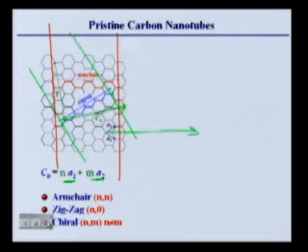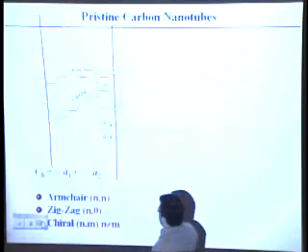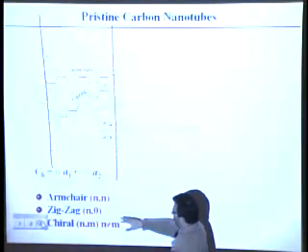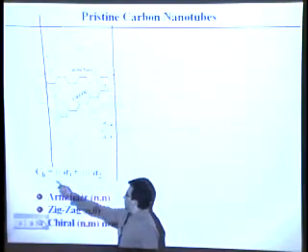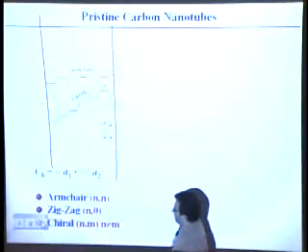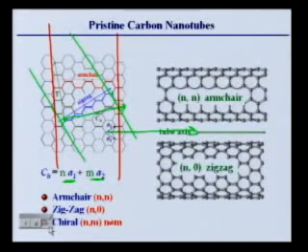Again, perpendicular to the axis of the nanotube, you see a pattern that is called an armchair pattern. An armchair nanotube is identified by these two quantum numbers n and n, identical. A zigzag is n,0 or 0,n, and everything else has a more odd chirality and is called, generically speaking, a chiral nanotube.